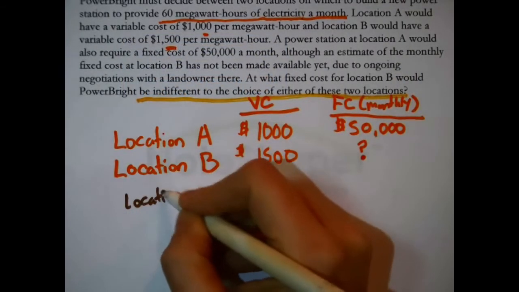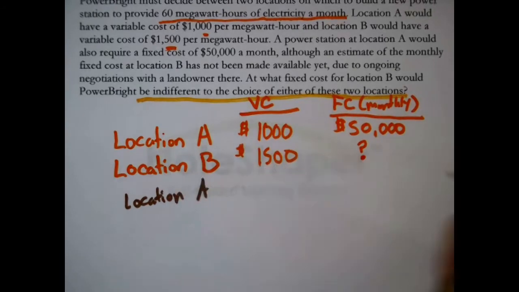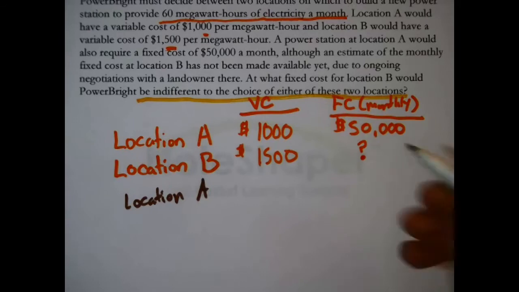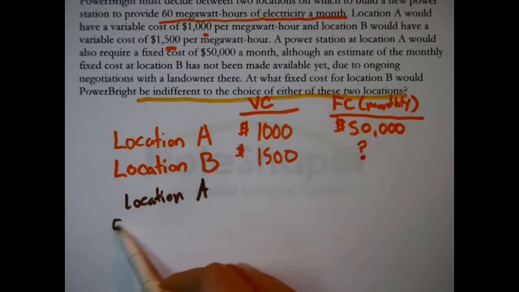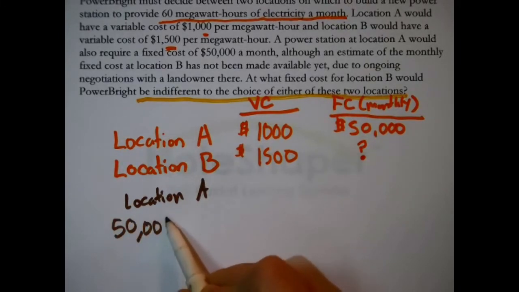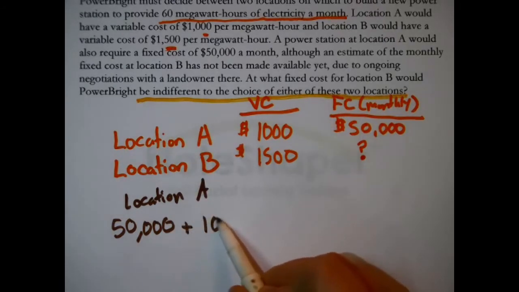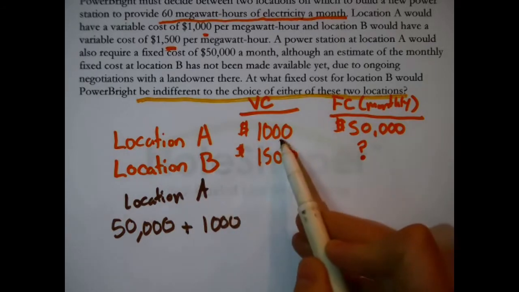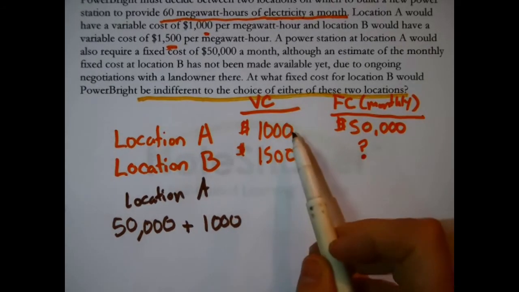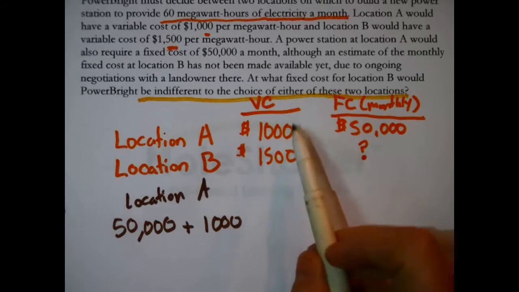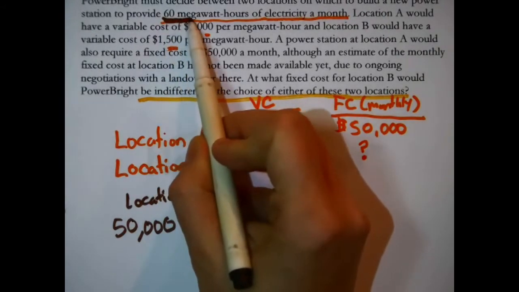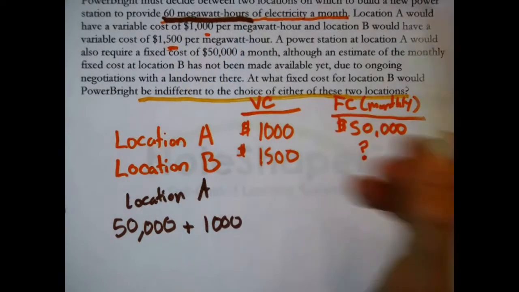Location A, we know more about location A. Cost at location A. Well, we know that no matter what you do, you pay $50,000 every month at location A, plus you pay $1,000, right, for each megawatt hour that you generate there. I knew we were going to use this for something. That's the volume.